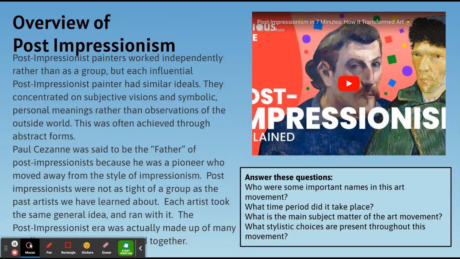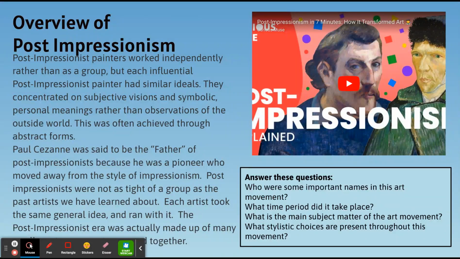They had similar ideas. They concentrated on subjective versions and symbolic personal meanings rather than observations of the outside world. They were often achieved through abstract forms. So Post-Impressionists didn't necessarily capture the everyday, they captured a more abstract idea of what the everyday or what some subjective visions or symbolic personal meanings might be.